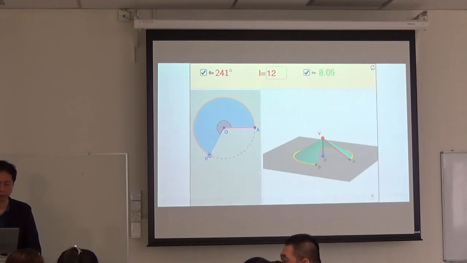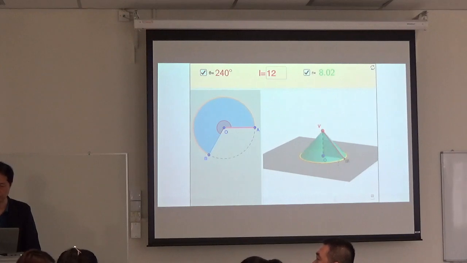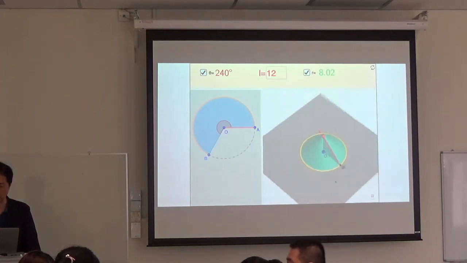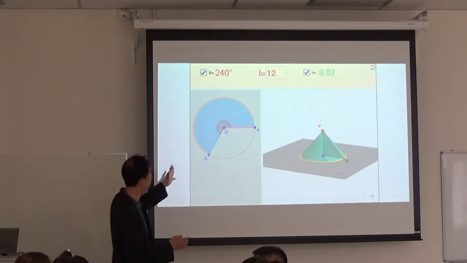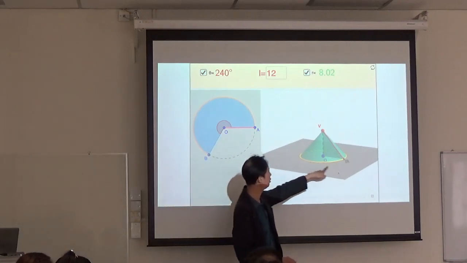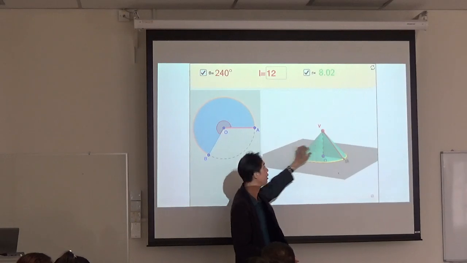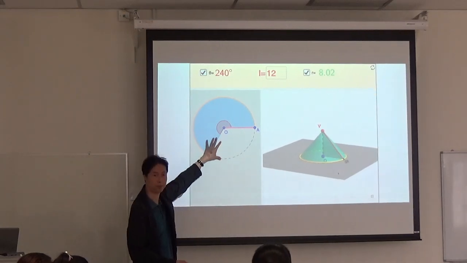So you can check the angle here, for example, this one is 240. And on the other hand, you can see how it can be used to make a cone of a particular height. So the question is about how you can tell the base circumference and height based on the dimension of this circular piece of paper.